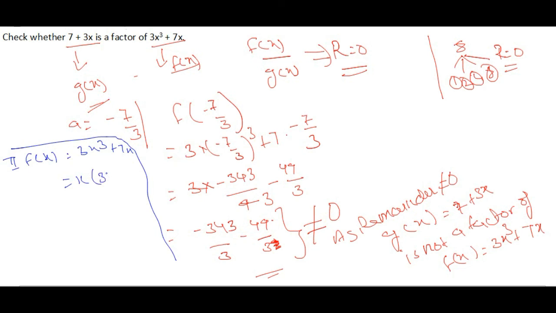I will be left with 3x square plus 7. So now I have only two factors of this f x. One is x and another one is 3x square plus 7. So I can clearly see that 7 plus 3x is not a factor of f x, because here there are only two factors, and neither of these two factors is this one. So from here also we can check. That's all for now. Thank you.